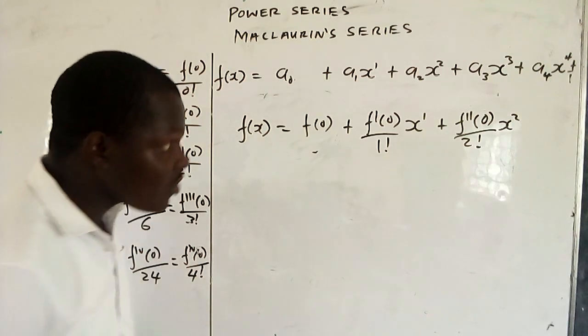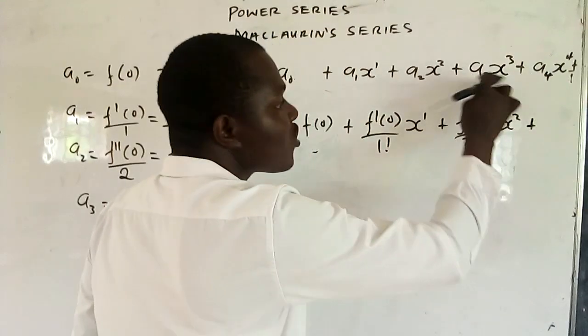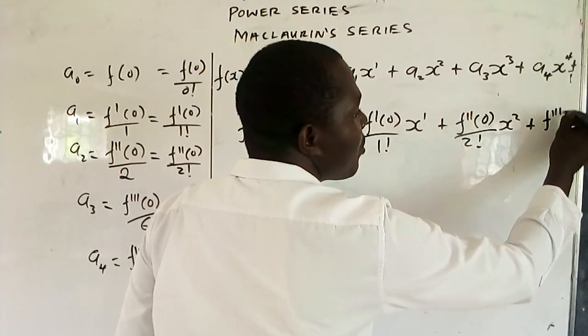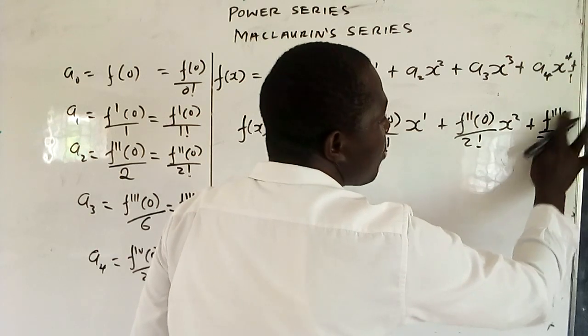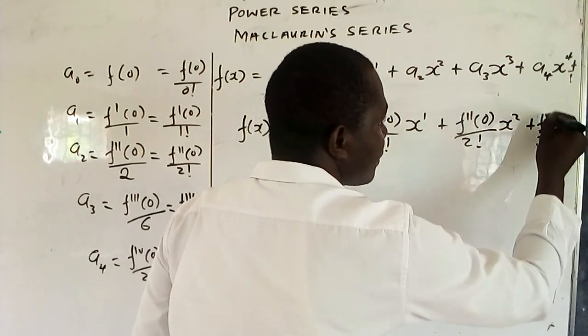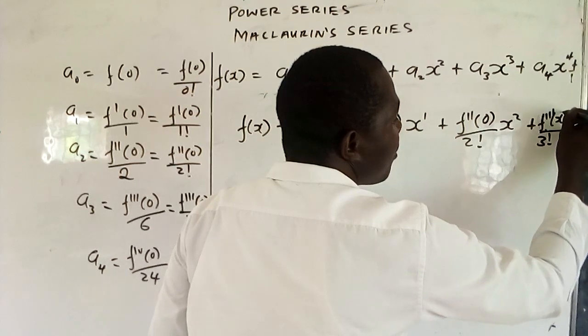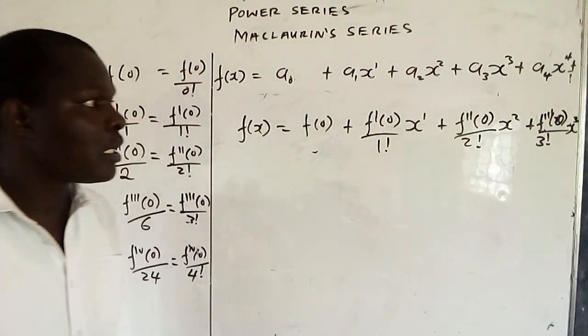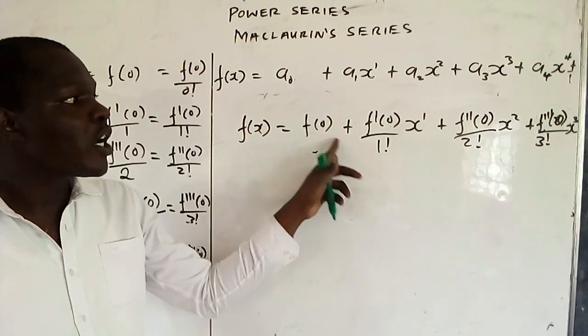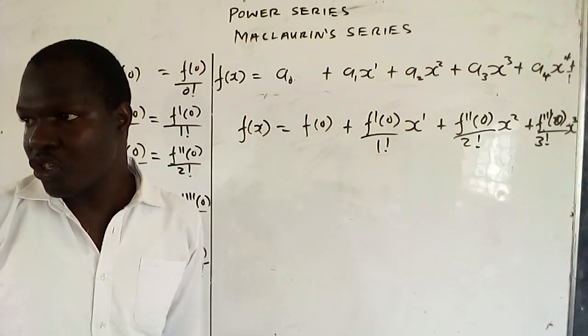The values of A's, you continue here. What was your A3? It was f triple prime of 0 over 3 factorial, then your x is raised to power 3. Are you seeing that?